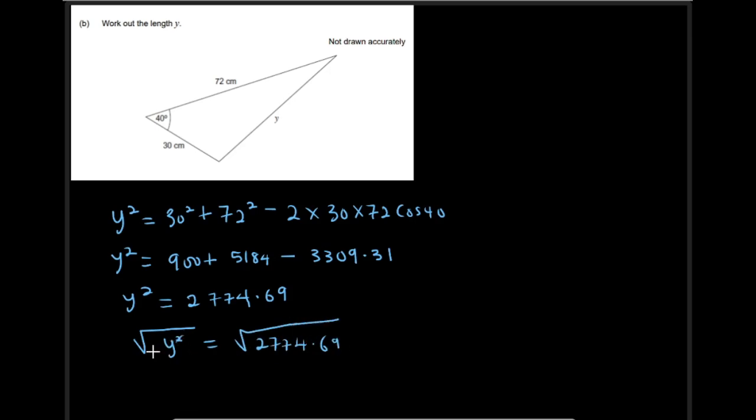So y equals square root of 2774.69. That will give us 52.675 cm, which is approximately 53 cm.